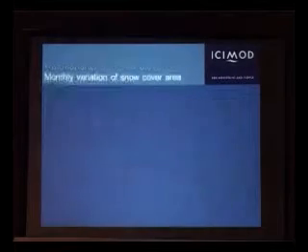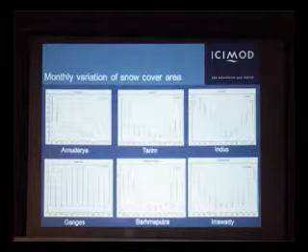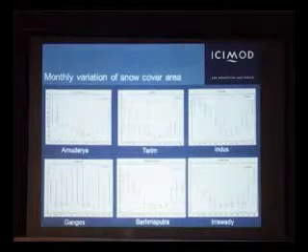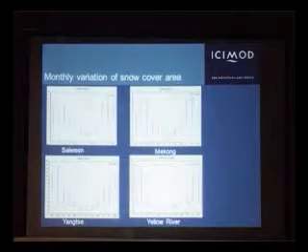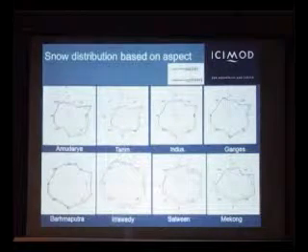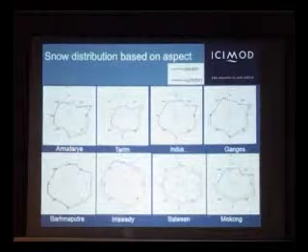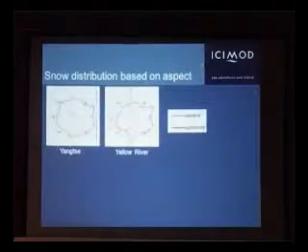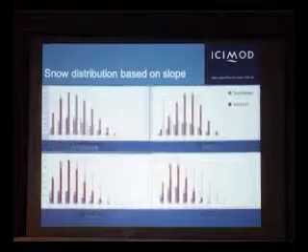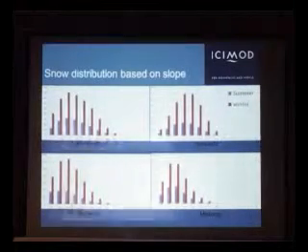There are various differences, and this is the monthly variation for January to December for all the basins. In the interest of time, I will try to skip it. This is based on the aspect for all these basins. I just don't want to dwell on this because it's not very conclusive as of now. This I did for the slope.